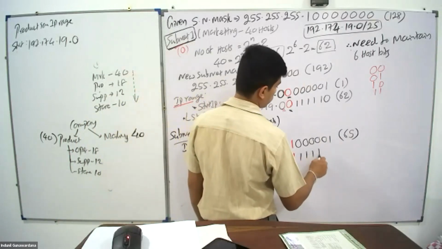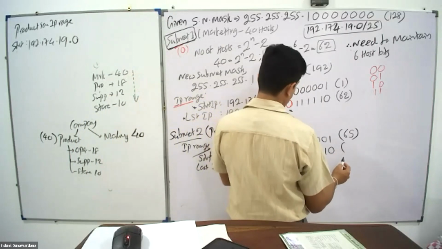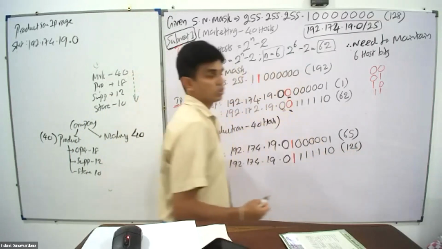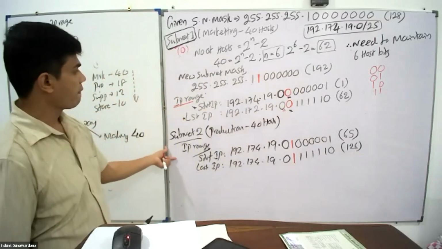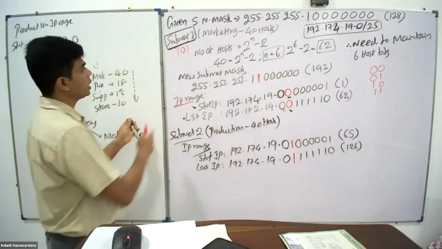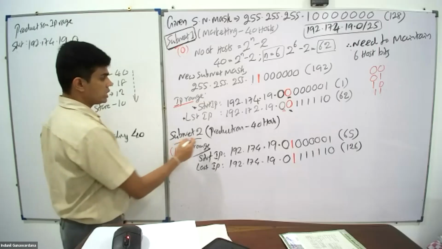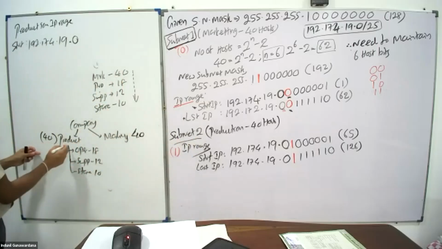It goes as 128, 127, 126. On the second leg, correct? When I took the first subnet network, I made the subnet bit 0. Now I'm going to make this 1. So this is the IP range for the production.